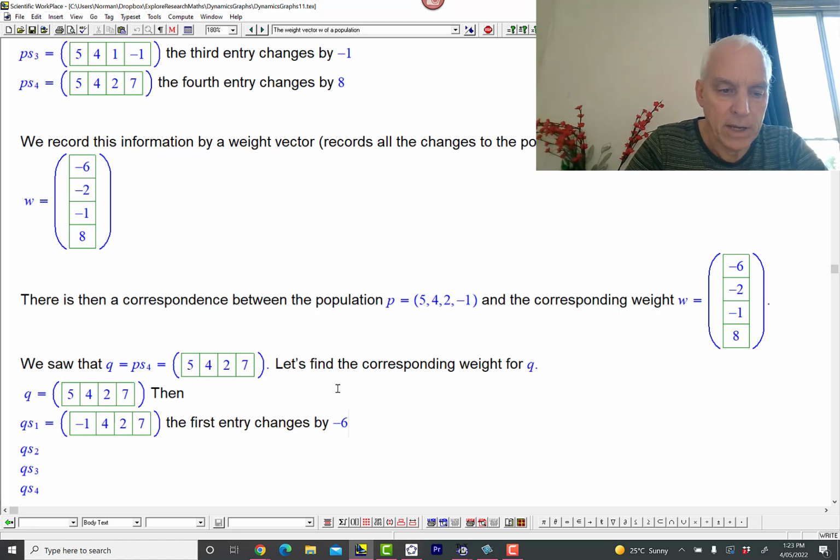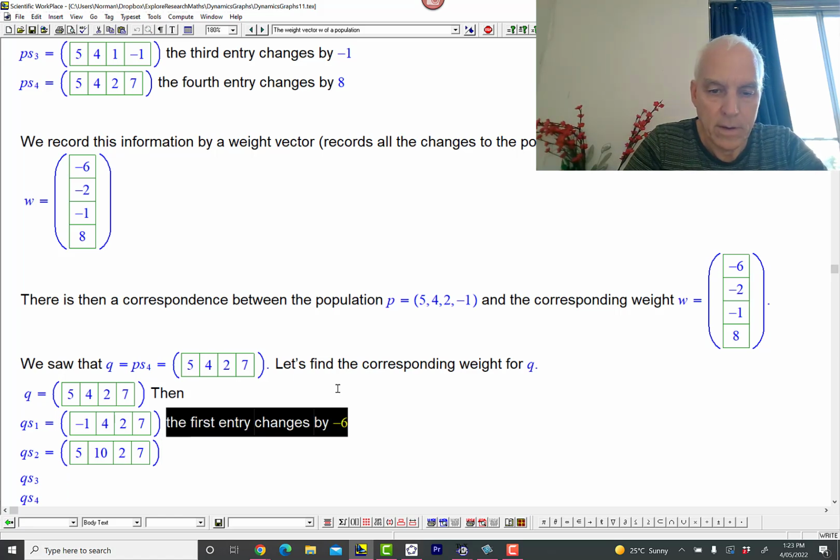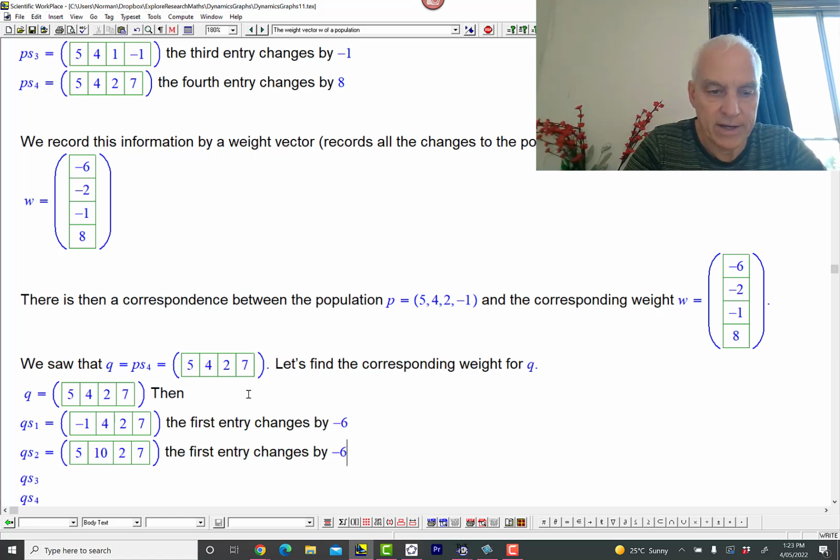Okay, what if we apply S2 to Q? What has happened to the second entry? Going from 5, 4, 2, 7 to 5, 10, 2, 7, we see that the 4 has gone up to 10. So the second entry changes by plus 6.